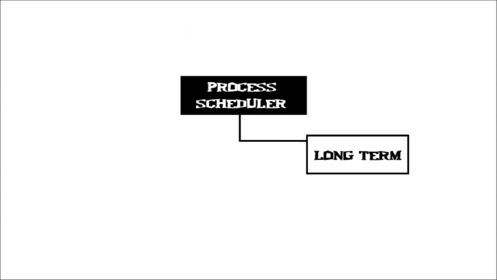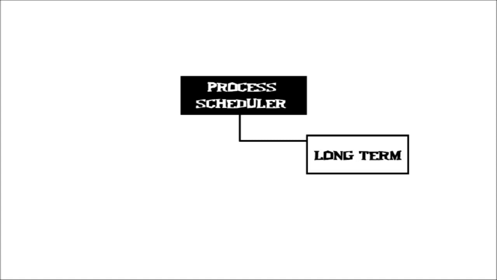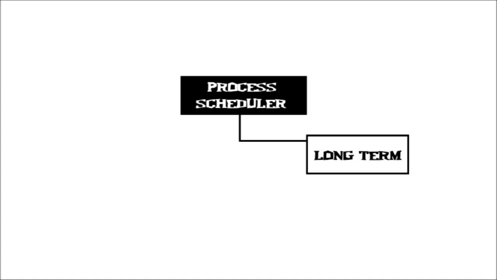The long-term process scheduler controls the degree of multi-programming. It executes much less frequently. It may need to be invoked only when a process leaves the system. Because of the longer interval between executions, it can afford to take more time to decide which process should be selected for execution.